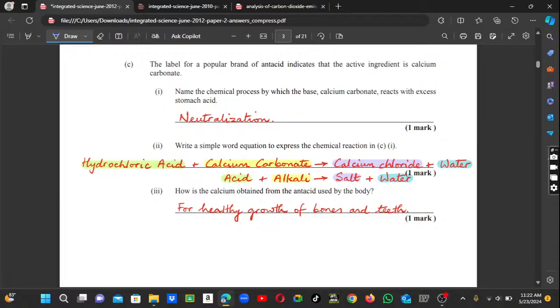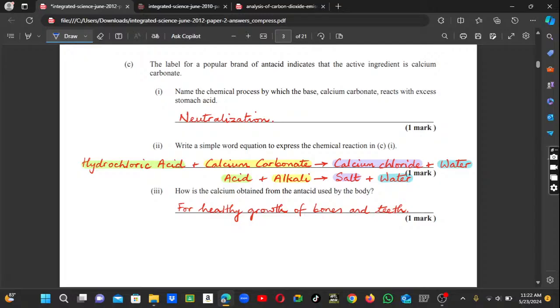So that would be the equation of the chemical reaction. That would be 1 mark, but you guys are supposed to simply know the word equation.